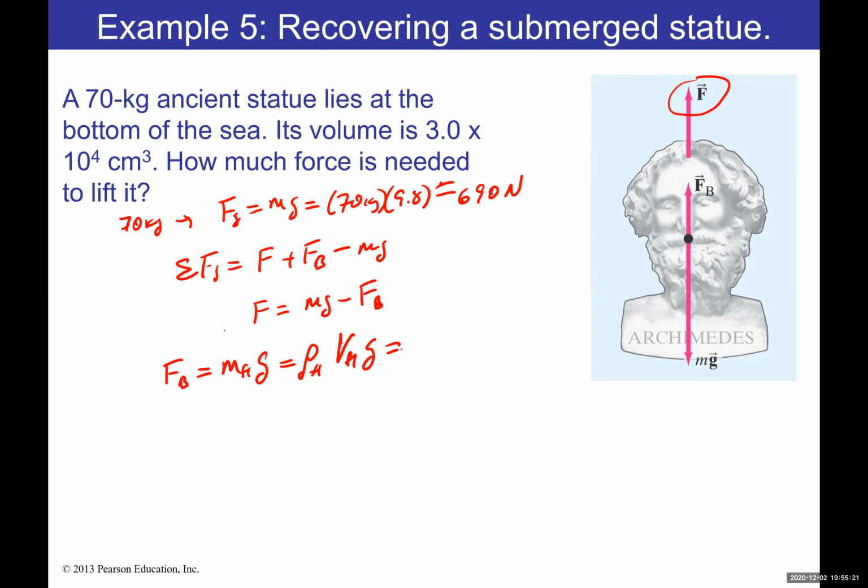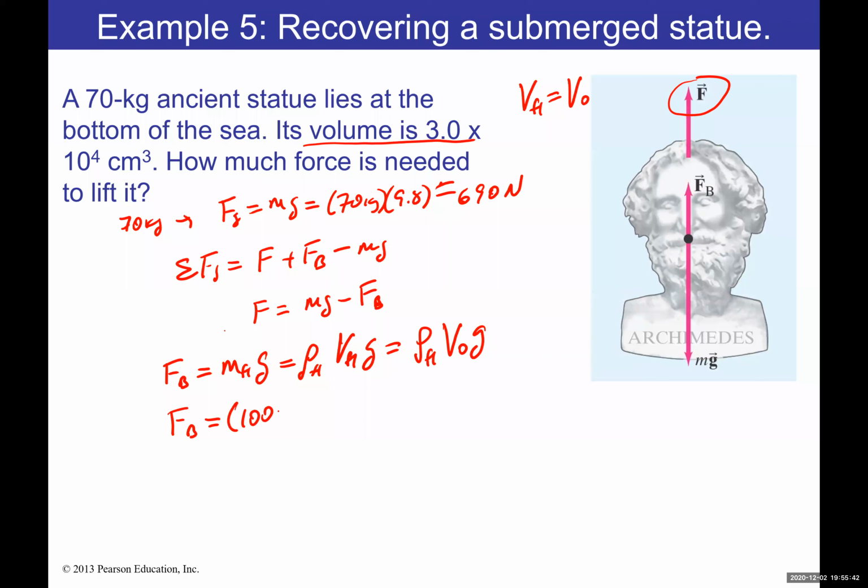Now, we're not given how much volume was displaced, but we know the volume of the statue. And the Archimedes principle says that the volume of the displaced fluid is equal to the volume of the object. That means it's equal to the density of the fluid times the volume of the object times g. So then we can calculate the buoyant force from here.